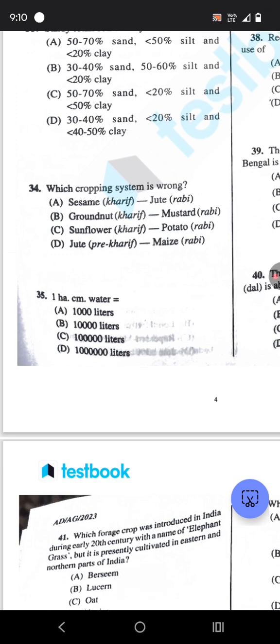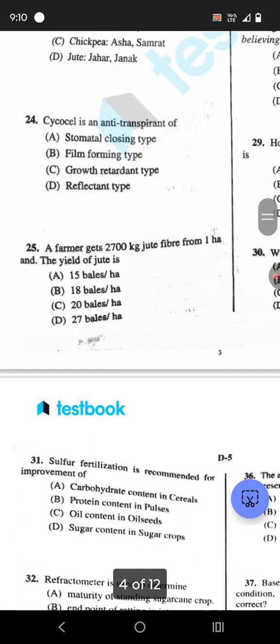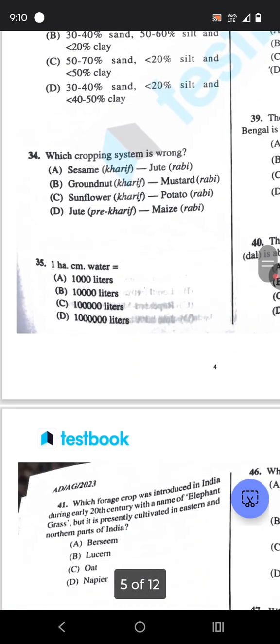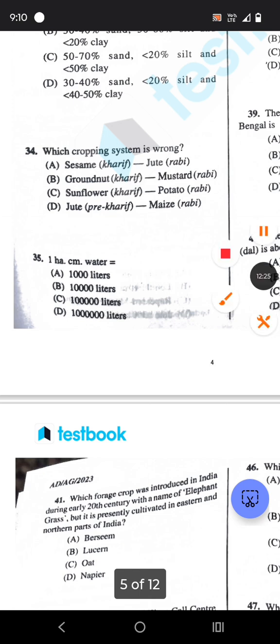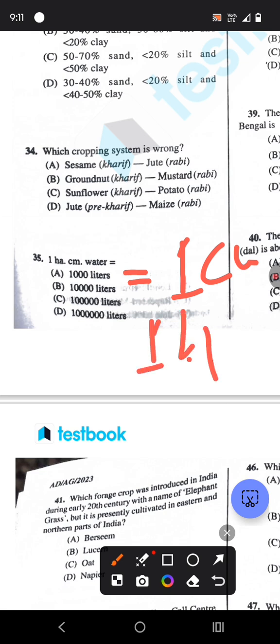Here option number A is 1000 liter. 1000 liter is known as 1 cubic meter, so that is not the correct answer. 10,000 liter is known as 1 hectare mm, and 1 lakh liter is 1 hectare centimeter. So the correct answer is option number C.